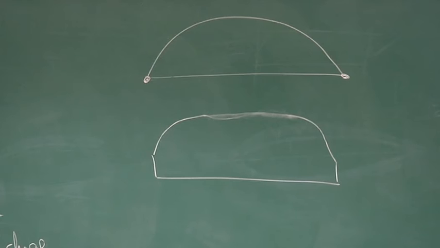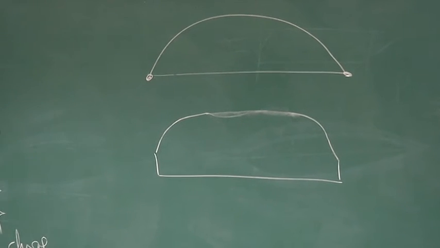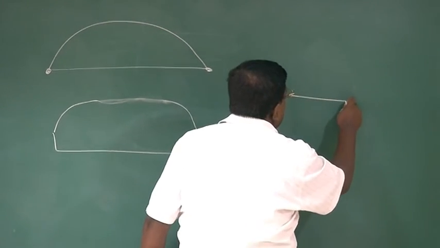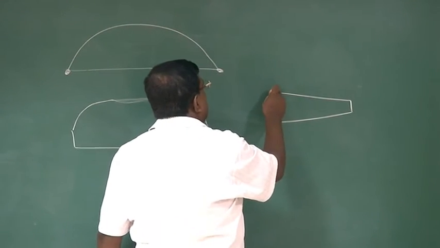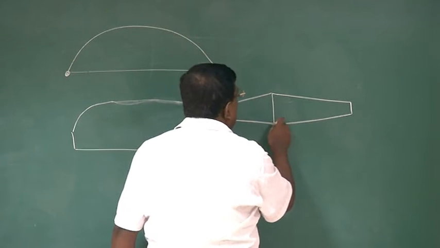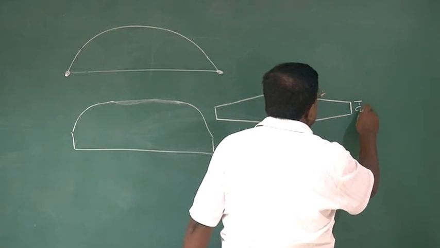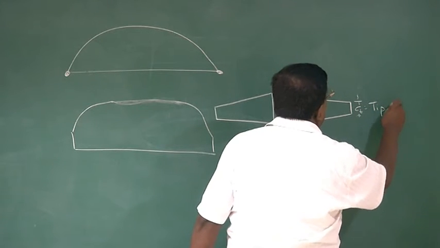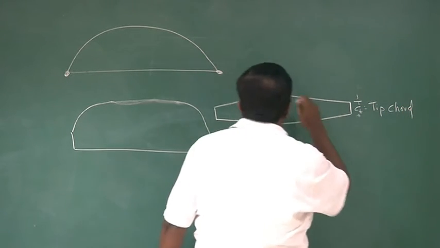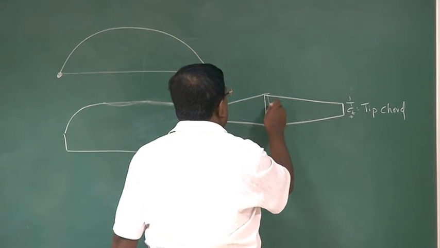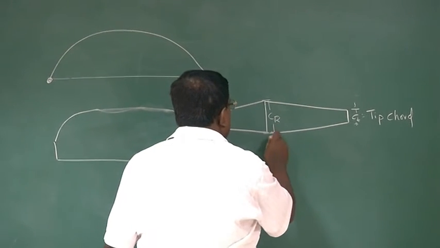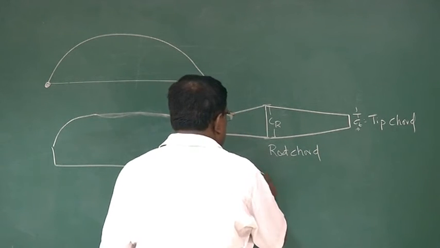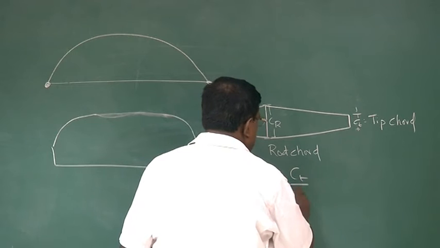The best way to approach towards elliptical distribution is that you give the wing this sort of a configuration where I call this CT, which is the tip chord, and this I define as CR, which is the root chord, and I define taper ratio as CT by CR.